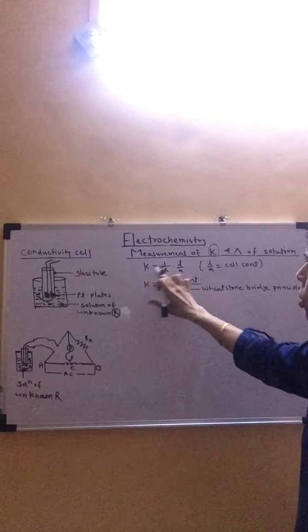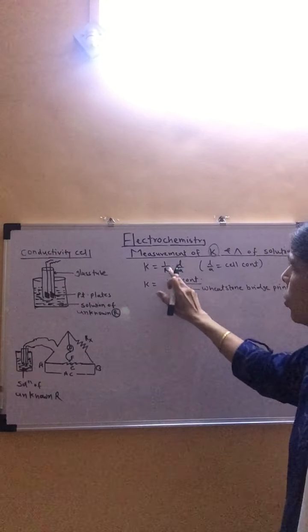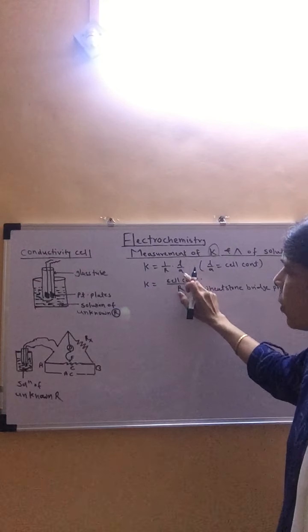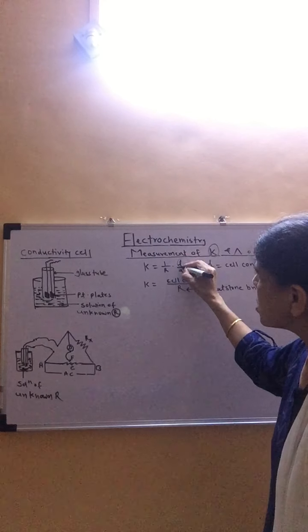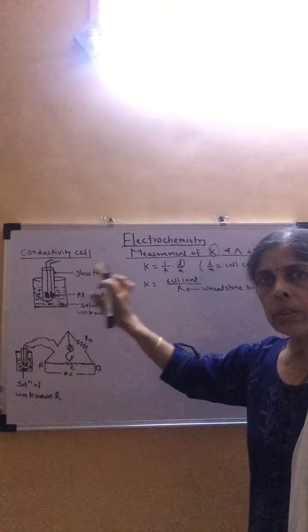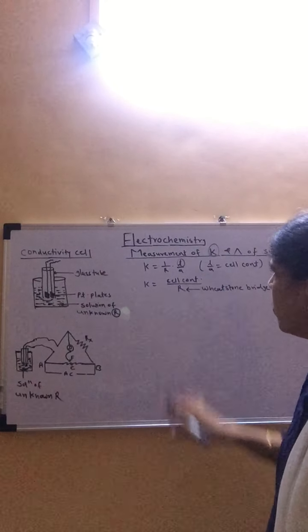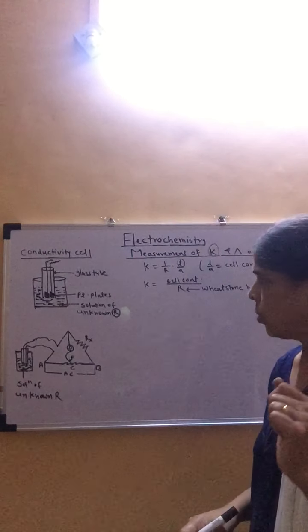You know conductivity K is equal to 1 upon R into L upon A, where L is the distance between the two electrodes of the conductivity cell, and A is the area of cross section of the electrode.